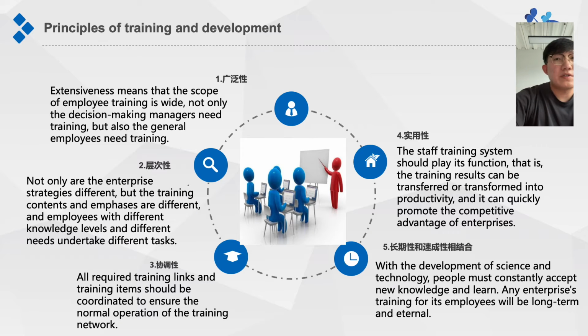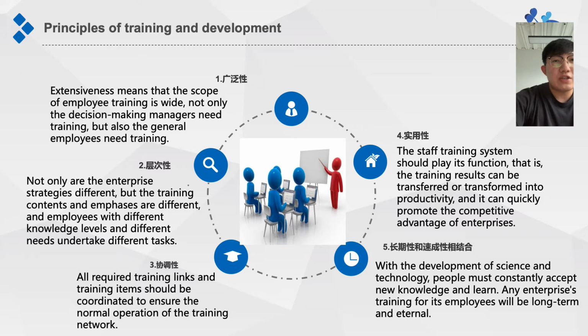So the first thing is the principle of training and development. We have 5 different types, and the first is intensiveness, which means that the scope of employees' training is wide.